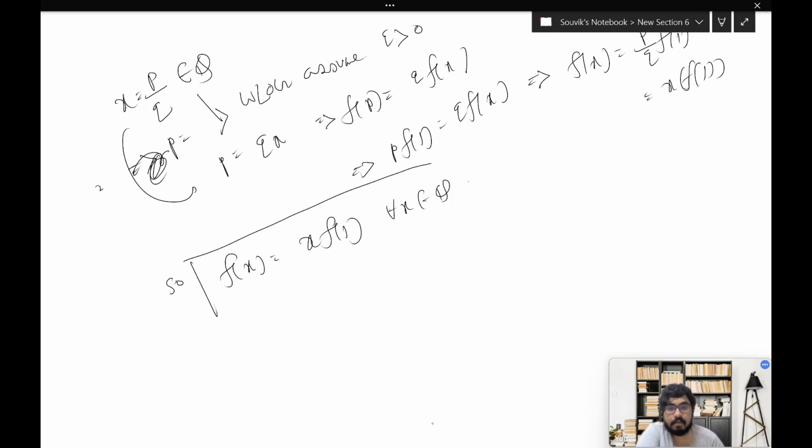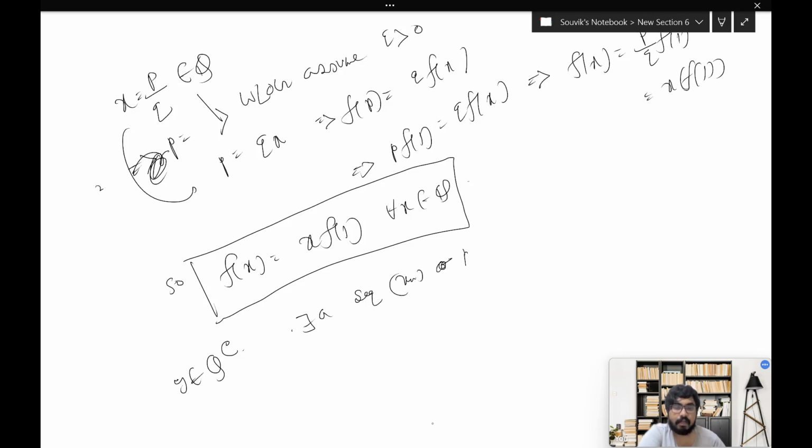So now we need to show that this also holds for irrational values. Okay. So choose a y which is irrational. So there is a sequence x n in Q such that x n goes to y.